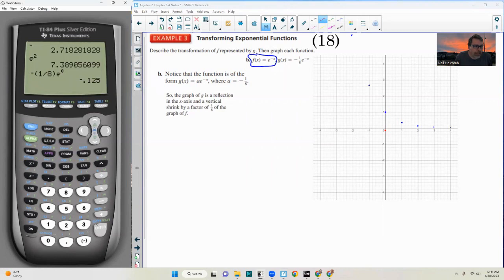I'm just going to hit second enter to bring back my function, and all I'm changing now is this x at the end right here. In order for that to be a positive 1, I have to put a -1 in, and that would make that to the first power.